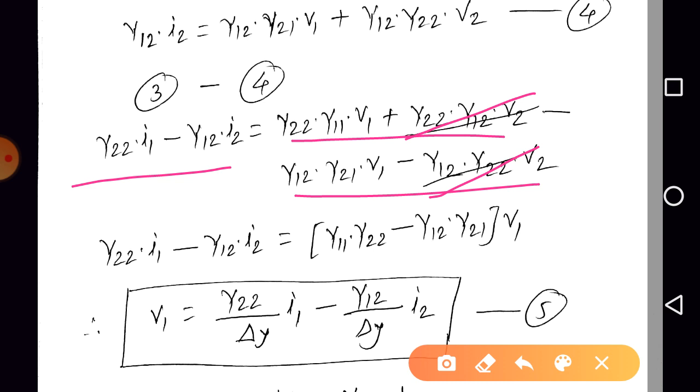Next, can we take V1 common? After taking V1 common, it will be Y11 Y22 minus Y12 Y21. So it is like a determinant of the Y parameter matrix, so we are going to represent it with delta Y. So we can write V1 is equal to, shifting this delta Y to the left hand side, Y22 by delta Y into I1 minus Y12 by delta Y into I2.